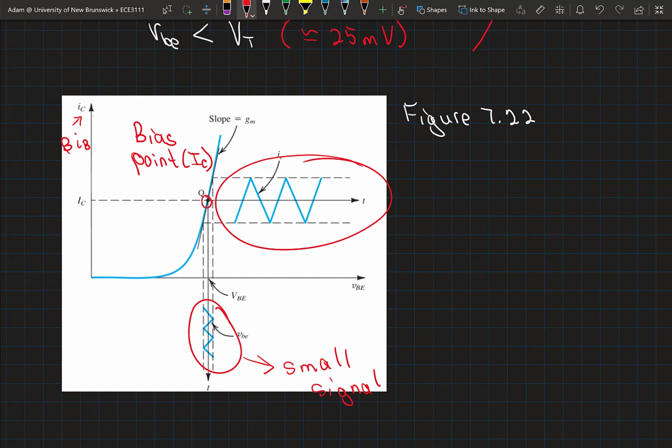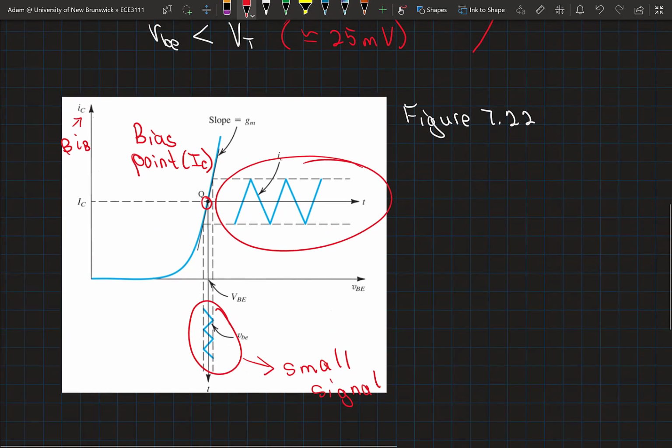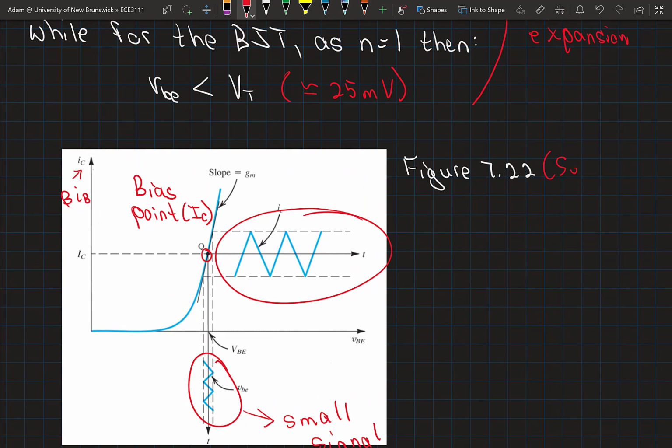Small changes in VBE result in large changes in our collector current around our operating point. Okay, just to be clear that this is from Sedra Smith here.